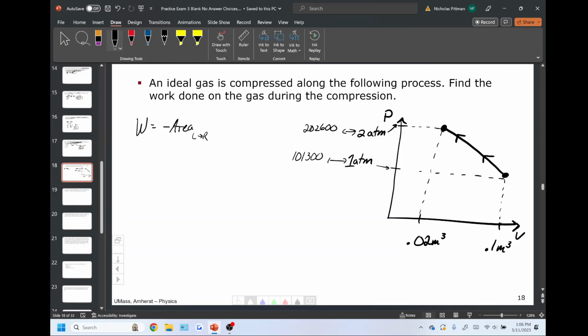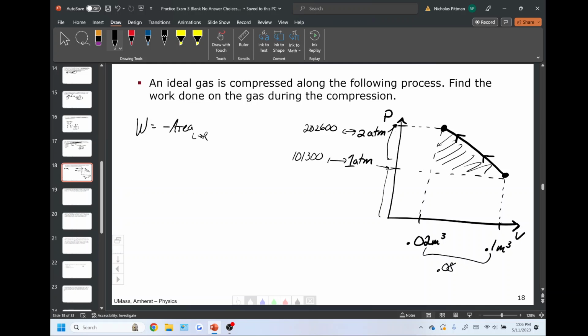into pascals. Okay, the area of the triangle is 1/2 base times height. The base is, how big is this? 0.08. And obviously each of these heights here is 1 atmosphere.